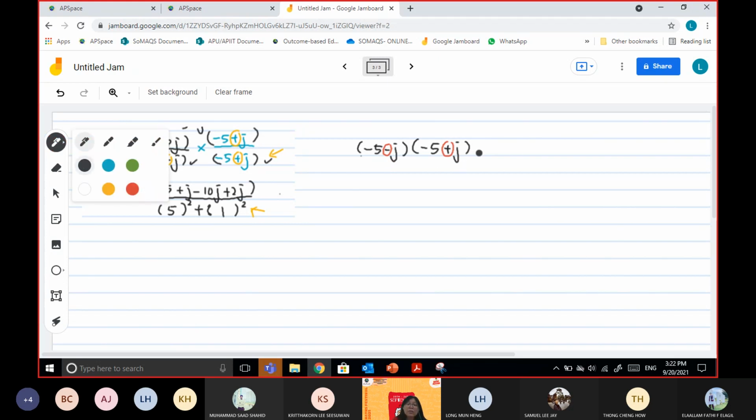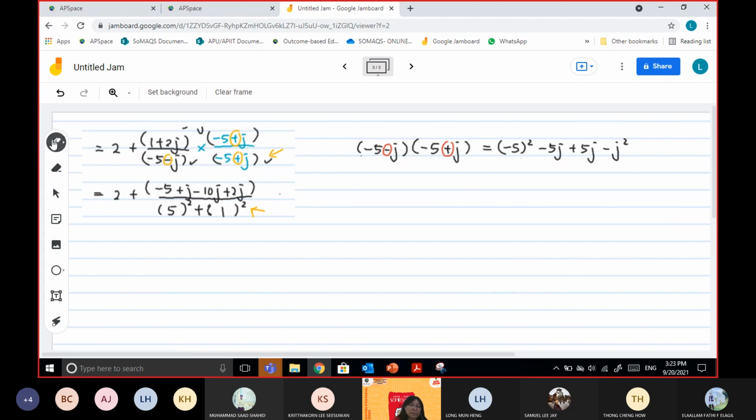If you expand it as usual, you will have negative 5 times negative 5, then negative 5 times plus j, then minus j times negative 5, then minus j times plus j. Since one is minus and one is plus, this will give you 0.